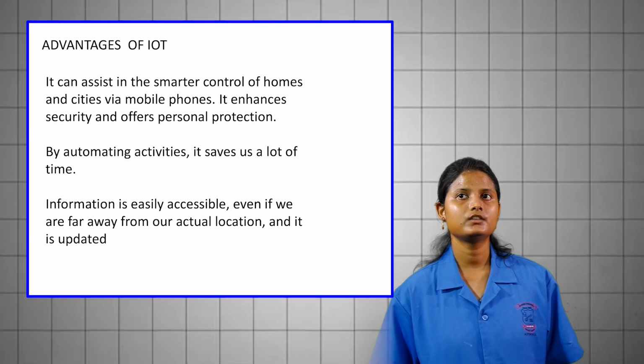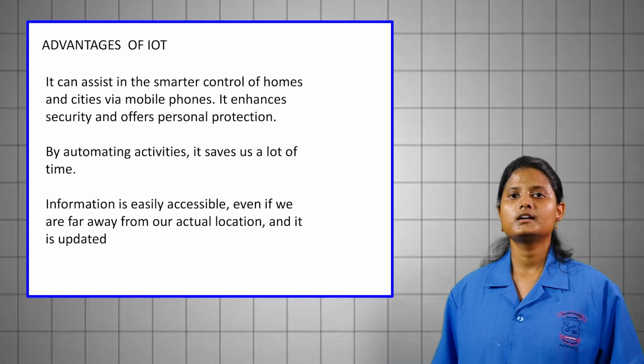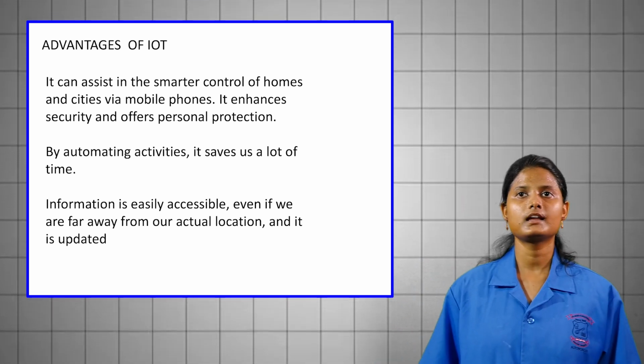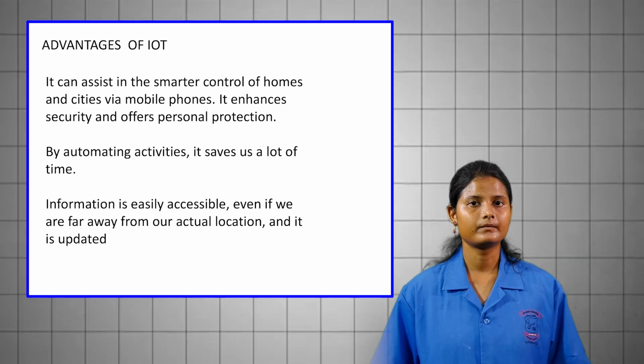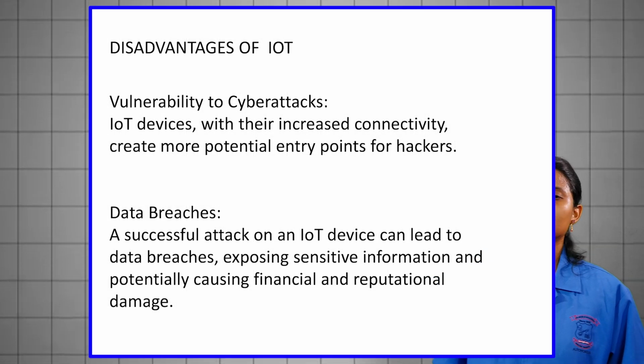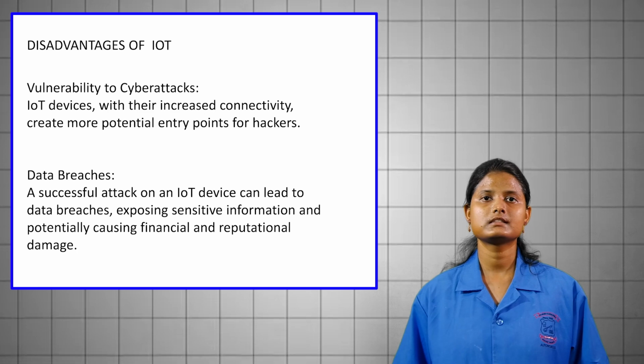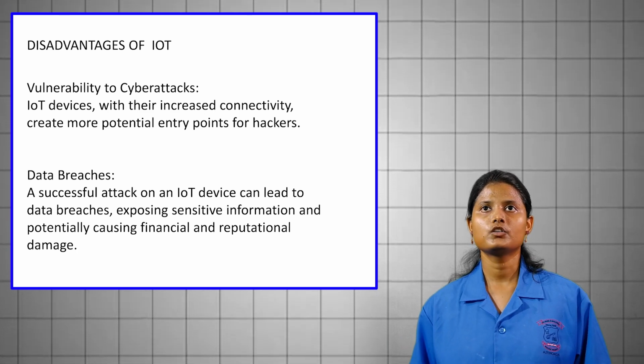The information accessible from IoT is very easy to learn, analyze and criticize. Next, the advantages are very short, and the disadvantages of IoT are the main important thing.